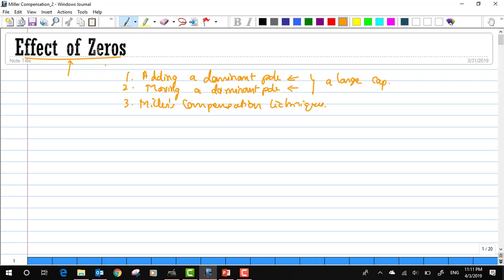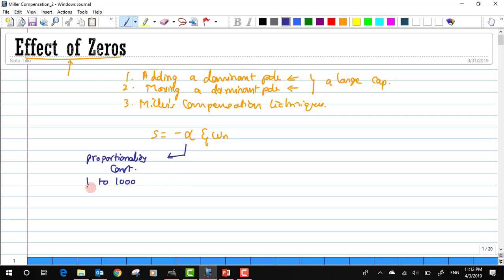So let's begin by considering a zero of the system that is defined as something like this, where the alpha factor is defined as a proportionality constant. Now the value of this proportionality constant generally ranges from 1 all the way to, say, 1000.